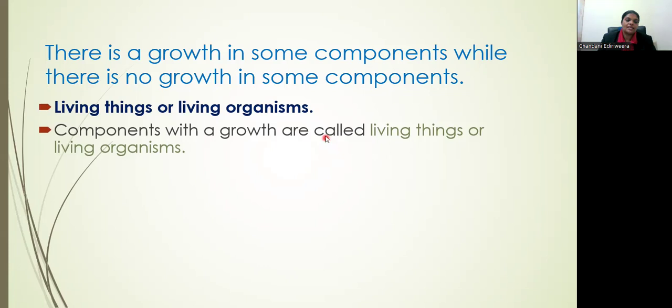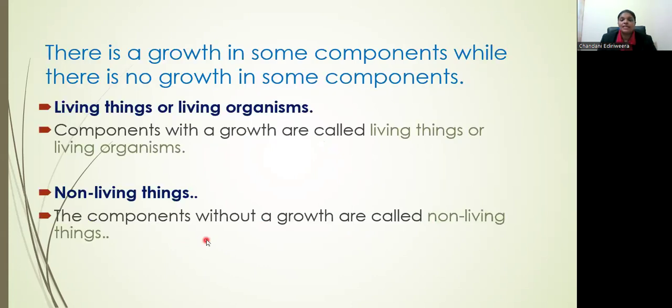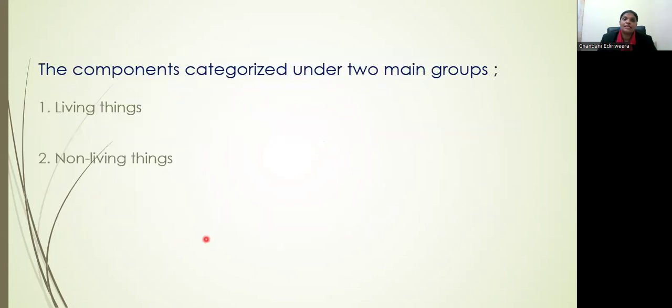So the things like, as an example, the books, the land, those ones, they come under the non-living things. The components without growing we call as non-living things. So you can easily categorize the things under the two groups as the living things and non-living things.